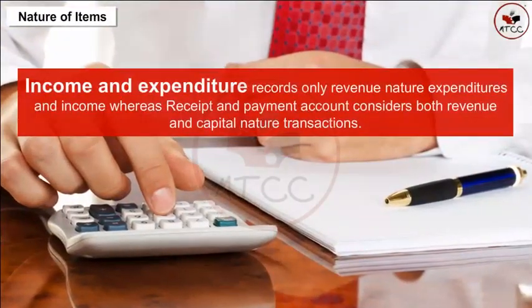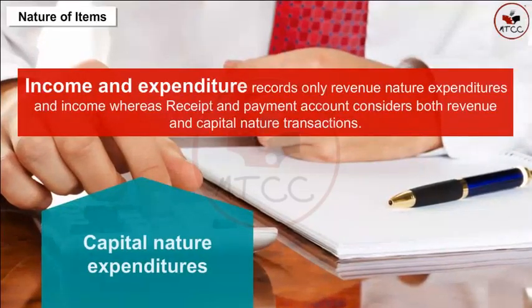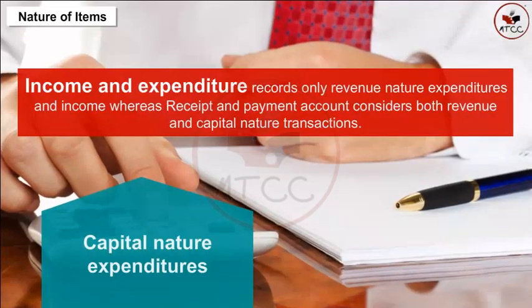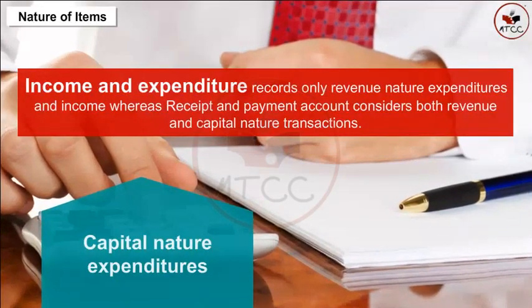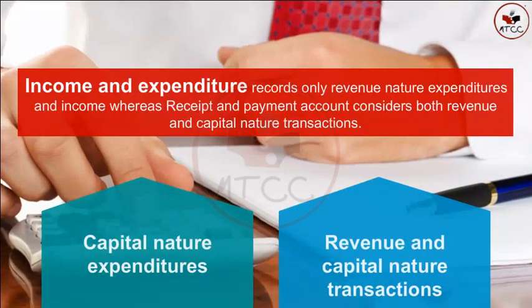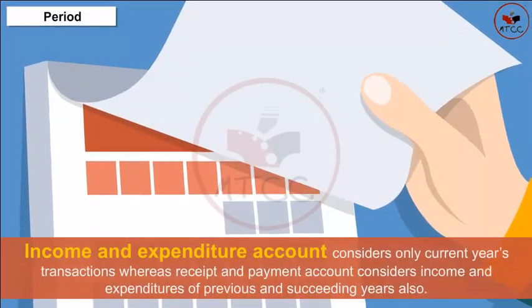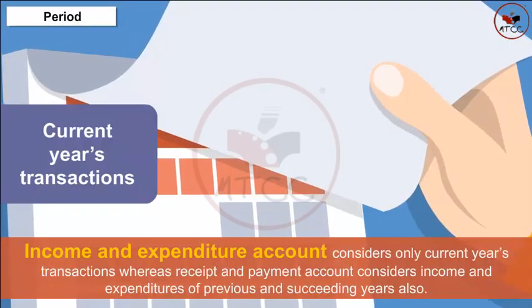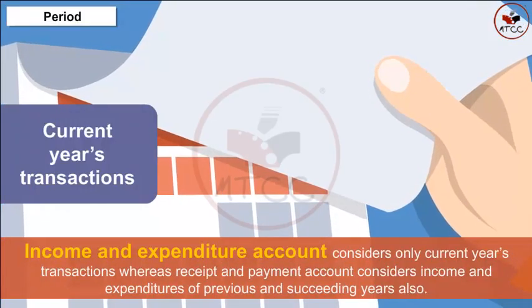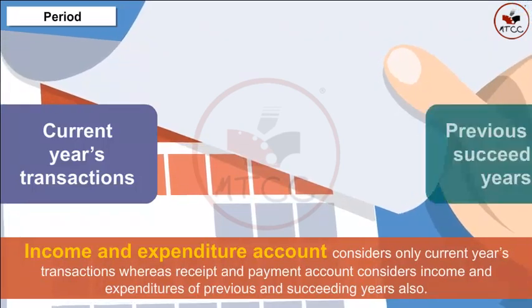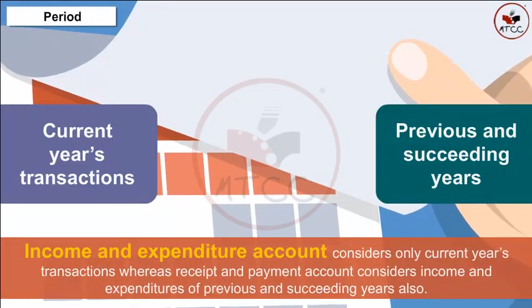Income and expenditure records only revenue nature expenditures and income, whereas receipt and payment account considers both revenue and capital nature transactions. Period. Income and expenditure account considers only current year's transactions, whereas receipt and payment account considers income and expenditures of previous and succeeding years also.